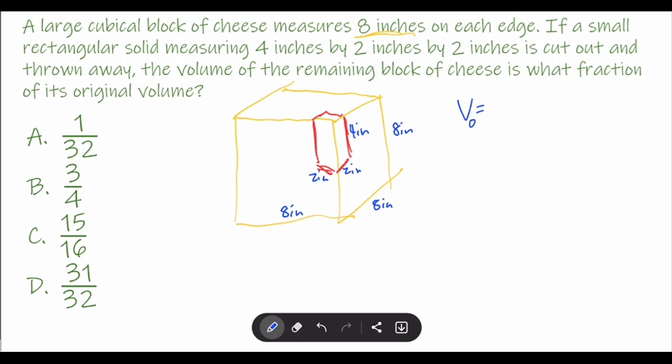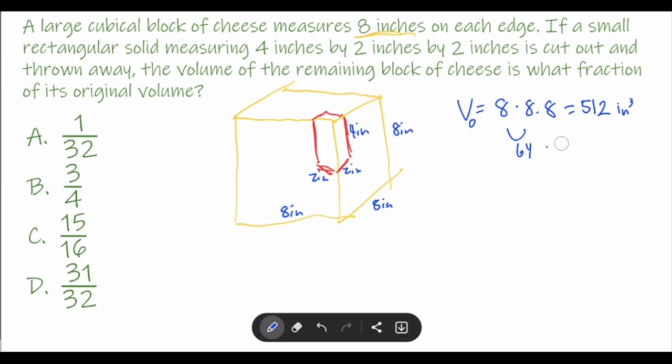It's 8 times 8 times 8 because it's a cube. 8 times 8 is 64, and then 64 times 8. 4 times 8 is 32, and 6 times 8 is 48. 48 plus 3 is 51. So that's 512 cubic inches.